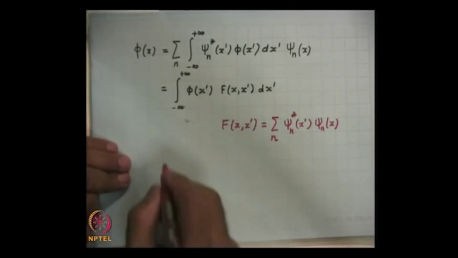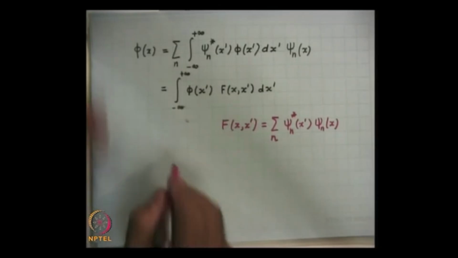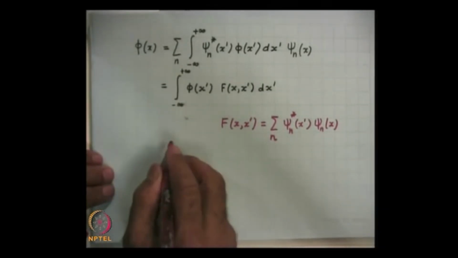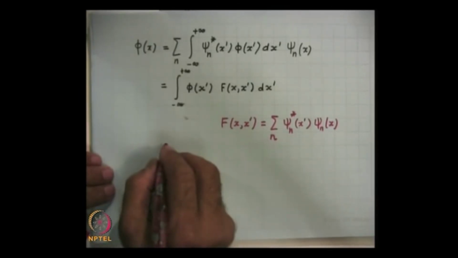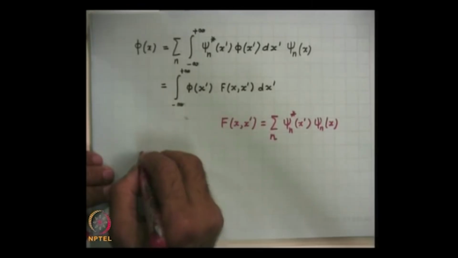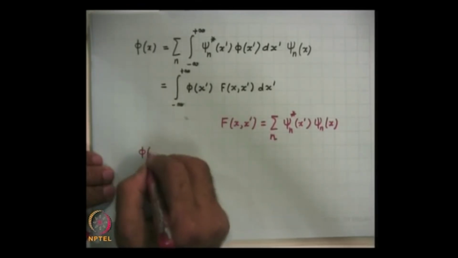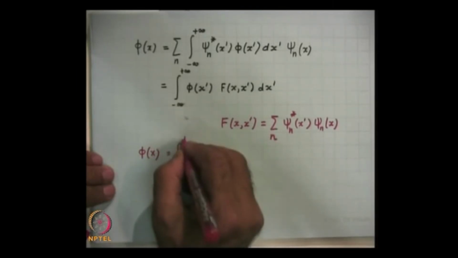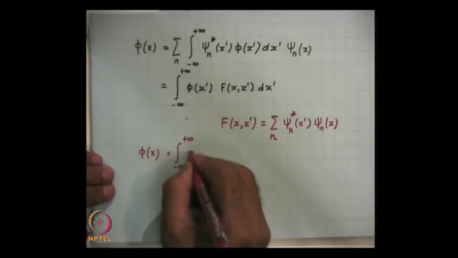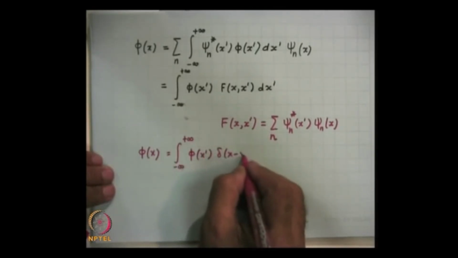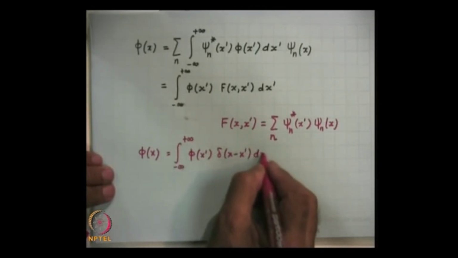If you would recall one of the earlier lectures in which we had defined the Dirac delta function, that was: phi of x is equal to the integral from minus infinity to plus infinity of phi of x prime delta of x minus x prime dx prime.